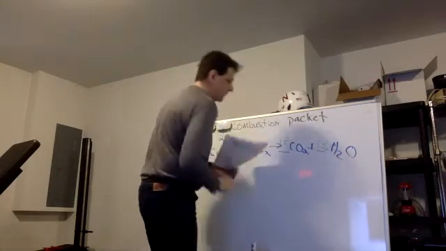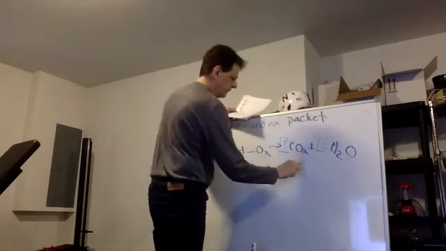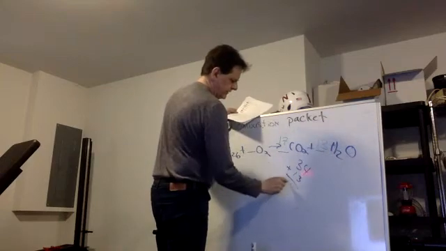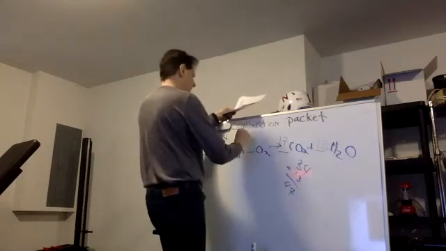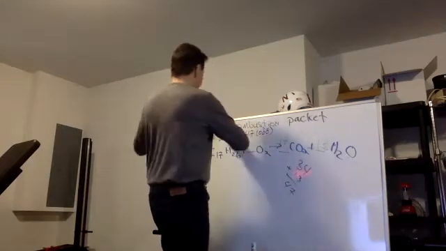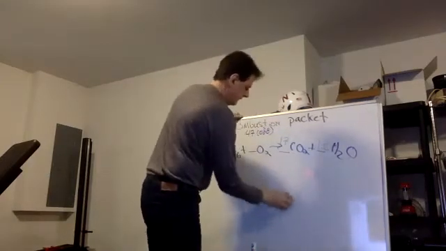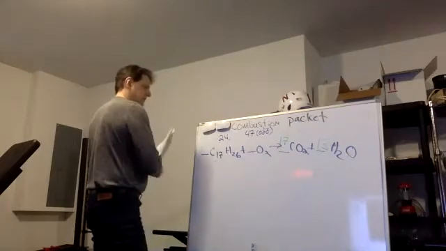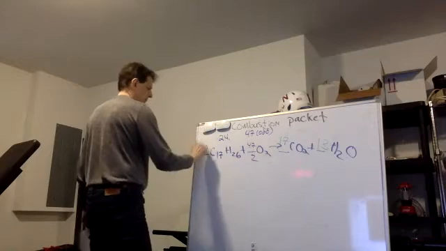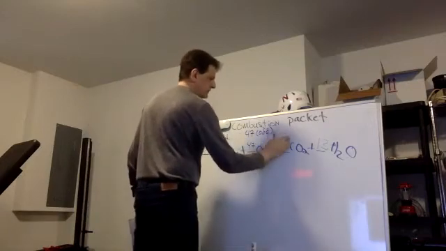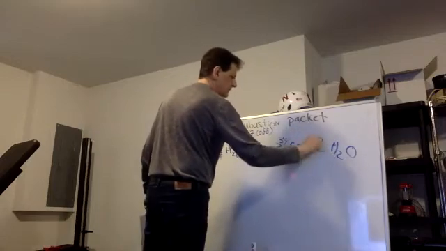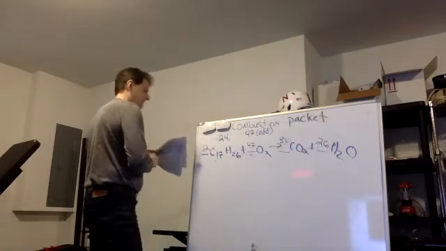So I do my O count, I've got 34 here, 13 times 1 is 13, so I'm going to have 47, which is odd. So go ahead and take my odd number and then double down. 2, 17 and 17 would be 34, and this would be 26.